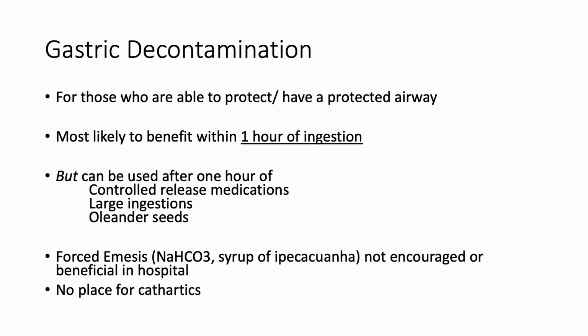Right. Most of these people will benefit if the ingestion has happened within 1 hour. If the patient has come within 1 hour of ingestion, you can decontaminate the patient.